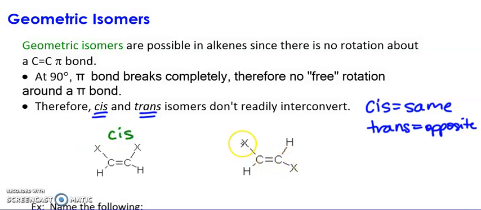This next one, if you notice, we've got X up here and down here. One's up, one's down. This is our trans isomer. So they have the same empirical molecular formula, but it's how they're put together that's different. And they actually have very different properties and will react very differently, which we'll get into more when we get to reactions of organic molecules.